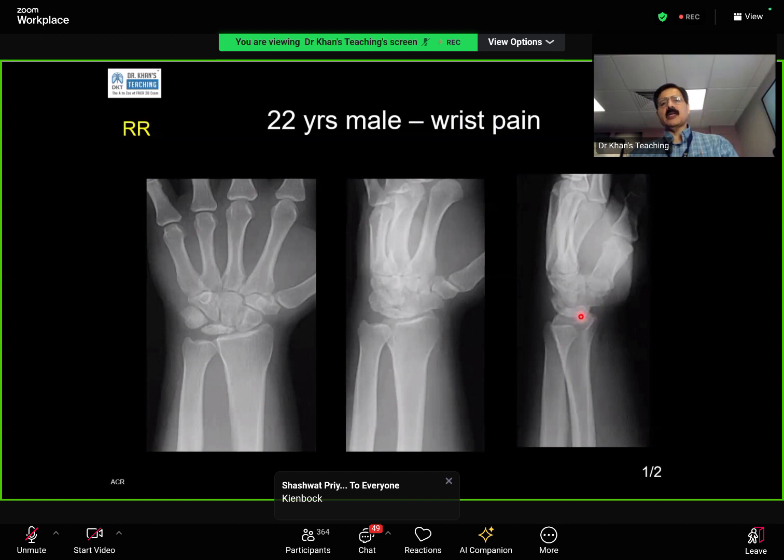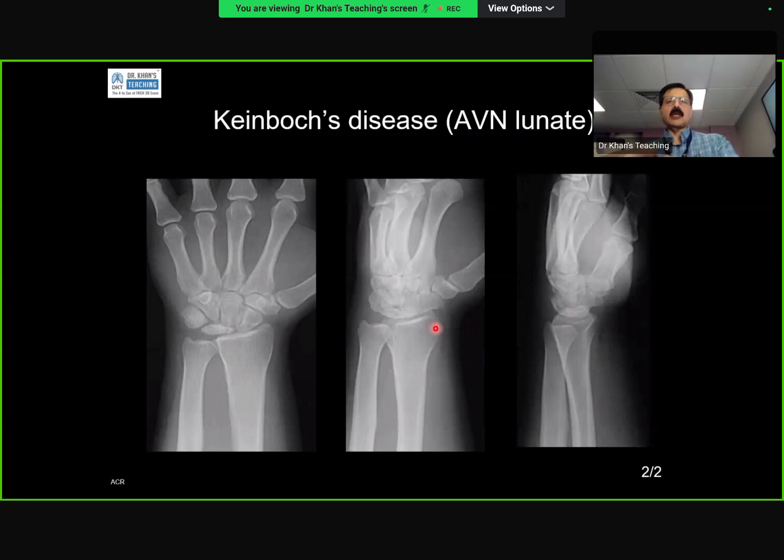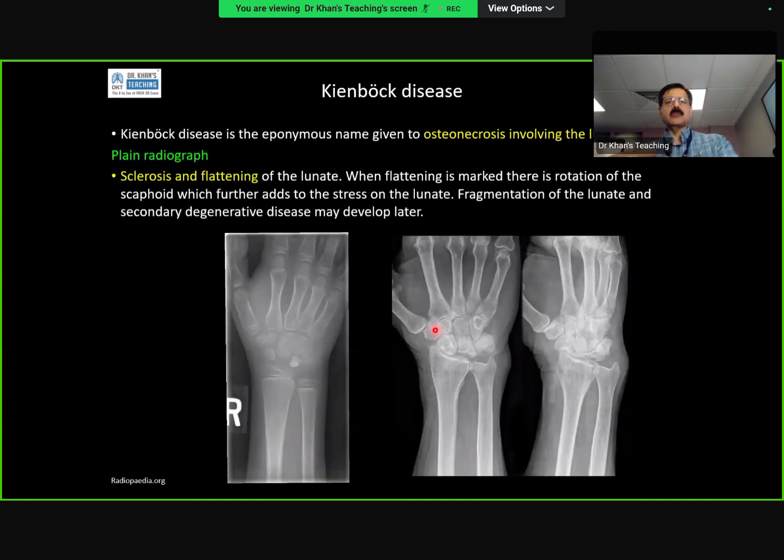Please remember that three bones are in one line on a lateral wrist X-ray: first the radius, then the lunate, and the capitate sits in the cup of the lunate. You can see that the lunate is compressed and sclerotic. This is known as Kienbock disease. Osteonecrosis of the lunate, sclerosis and flattening, and this is another example, and another example, and another example.